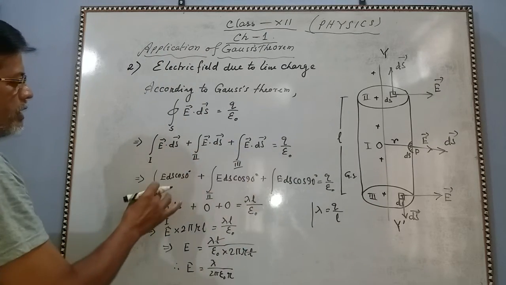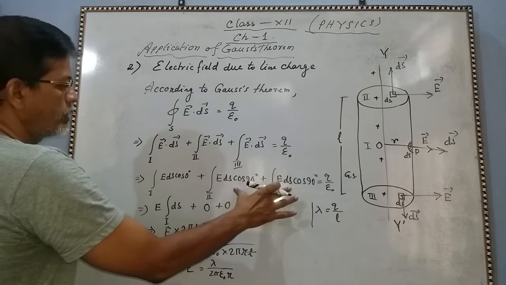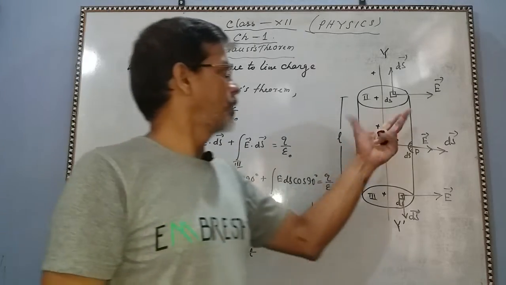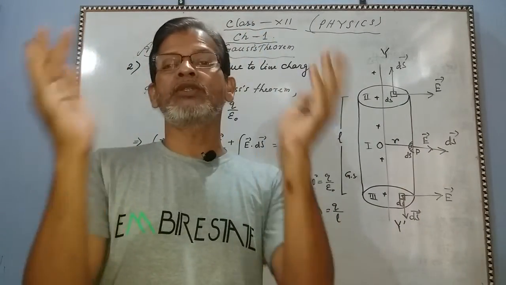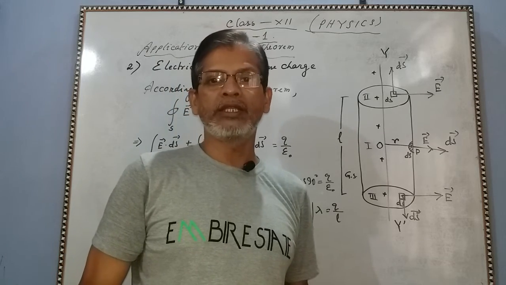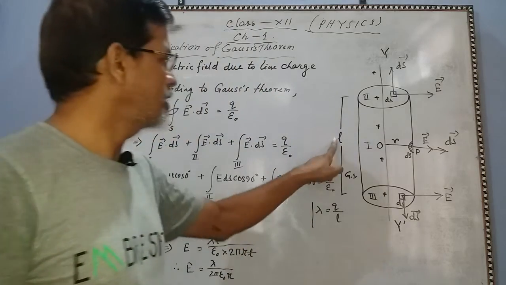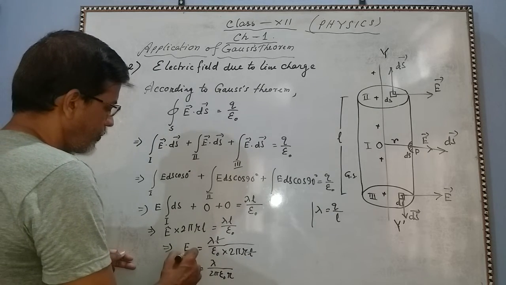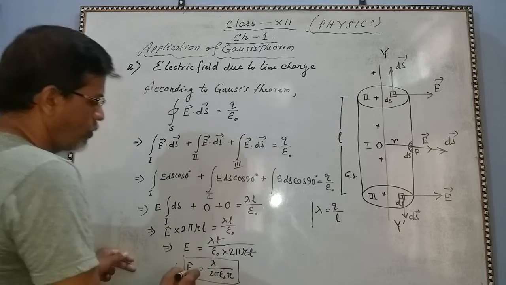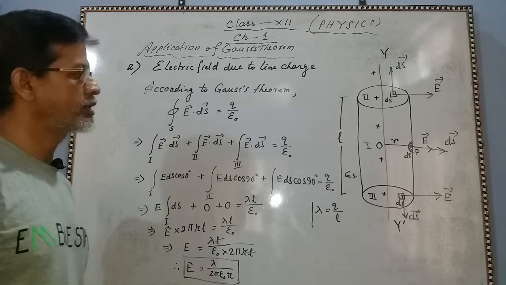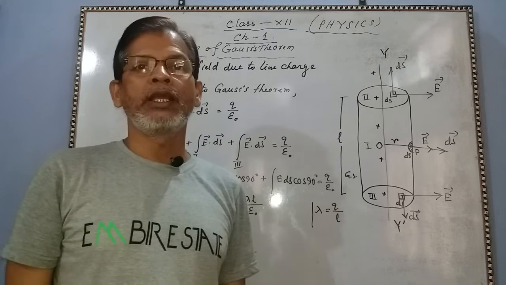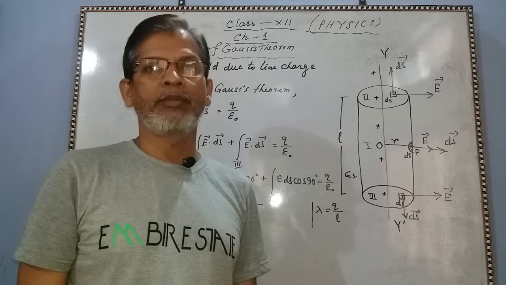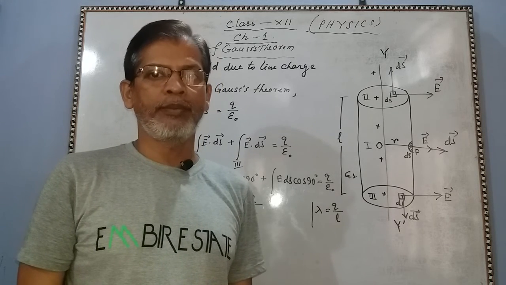In two of these the integral is 0, and the curved surface area of the cylinder is 2 pi R H, where H means L. So from here we get E equal to lambda by 2 pi epsilon naught R. This is the expression for the electric field due to an infinitely long line charge by using Gauss theorem.